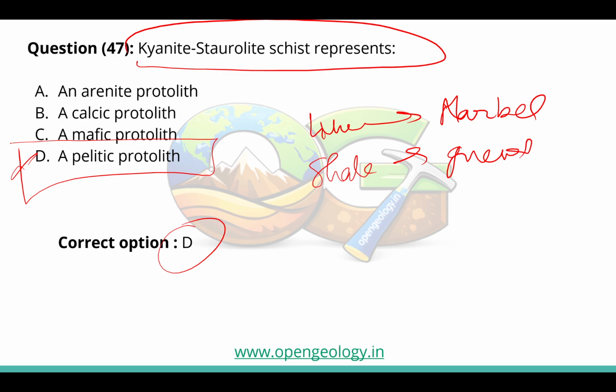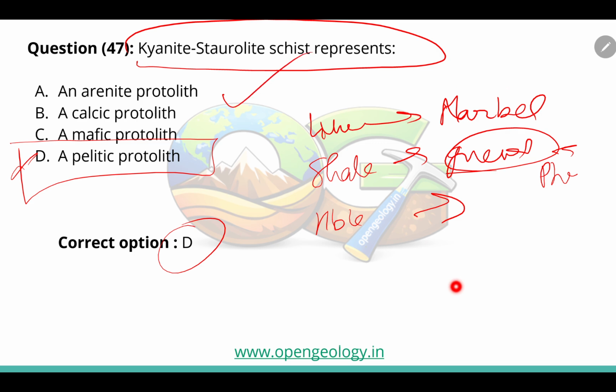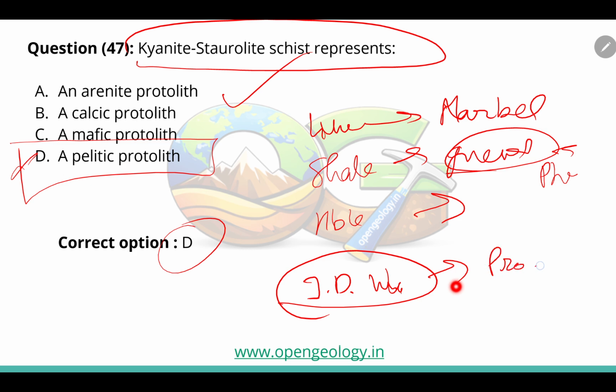Another rock like hornblende will produce a different rock. Through shale you can also get phyllite or schist. You can go to J.D. Winter, there is a table in the metamorphic part that gives the protolith and the possible metamorphic rocks that can be produced. So just read about that table.